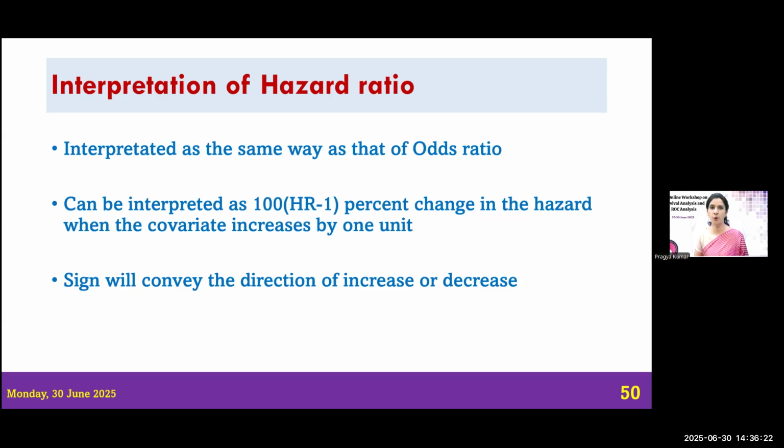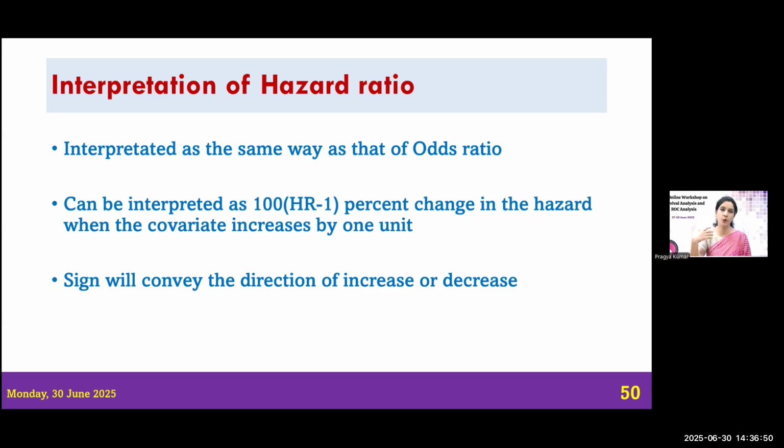If you want to express it in percentage, you deduct 1 from the hazard ratio and multiply by 100. If the value is negative, there is a reduced hazard in your test group as compared to the reference group. If it is positive, there is an increased hazard. This is the same as more than 1 and less than 1, and the sign conveys the direction of increase or decrease.